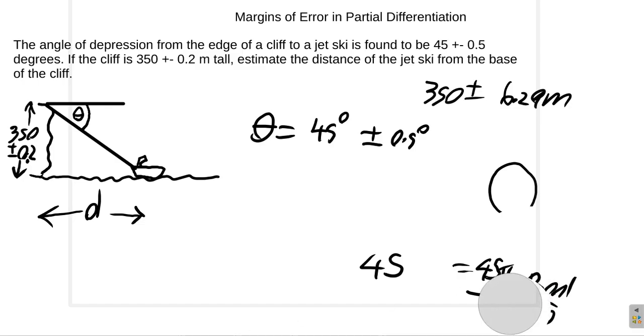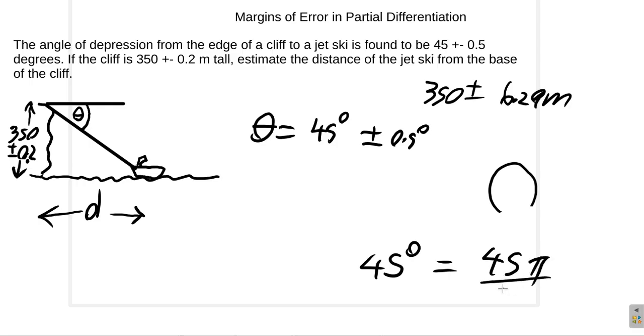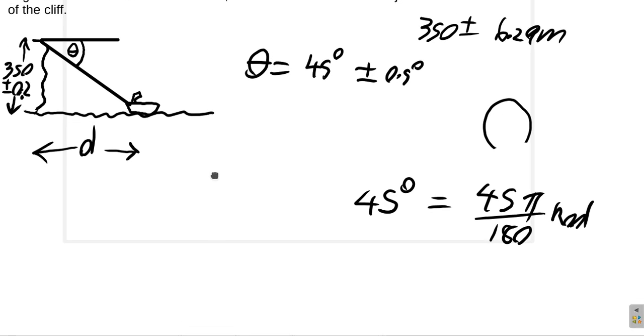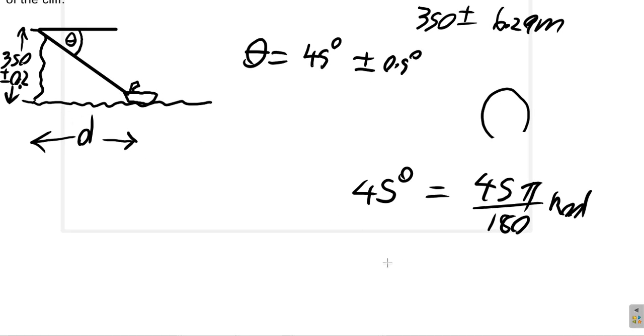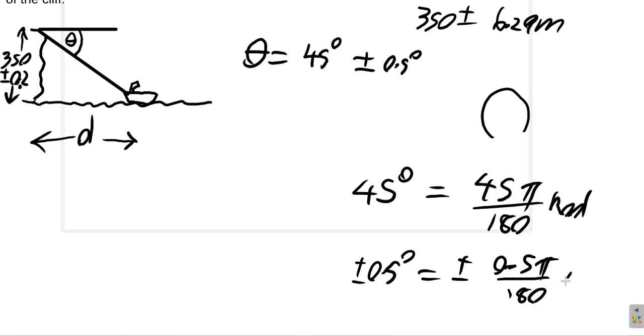Alright? So 45 degrees is 45 pi over 180 radians. Right? And as for the margin of error part, plus or minus 0.5 degrees is the same as plus or minus 0.5 pi over 180 radians. Alright?